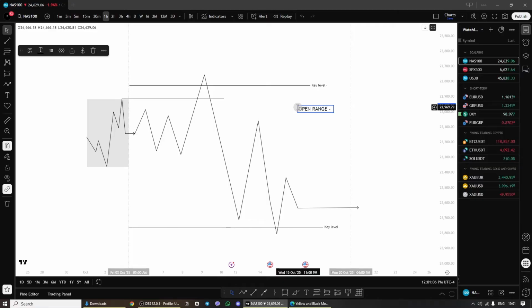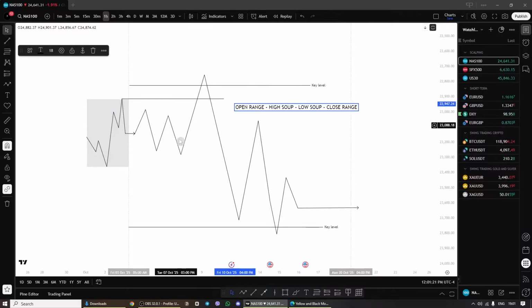Open range, high sweep into low sweep into close range. Like that. What does this mean? It means you open, expect a range, you expect the high to be swept, and then a low to be swept into a key level to close the time-based range.